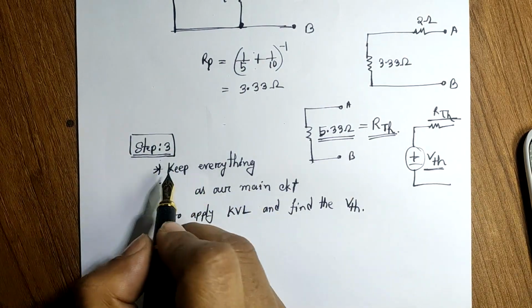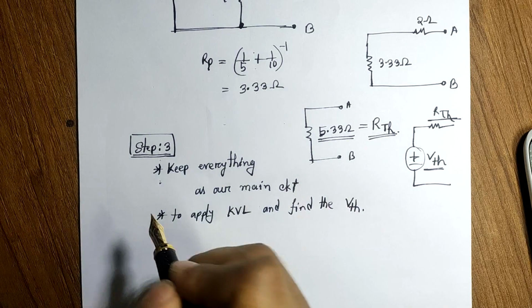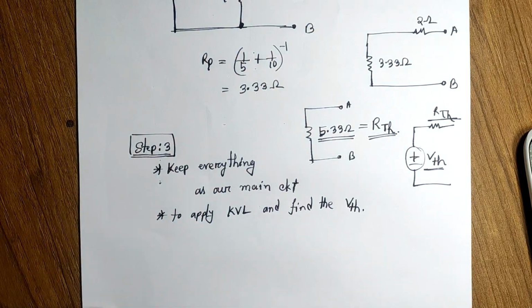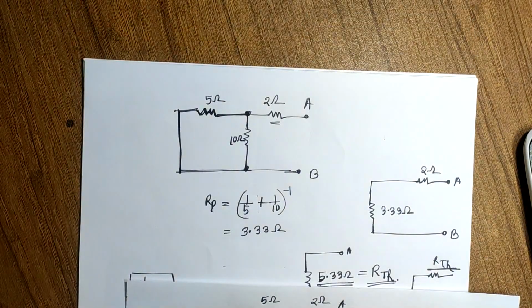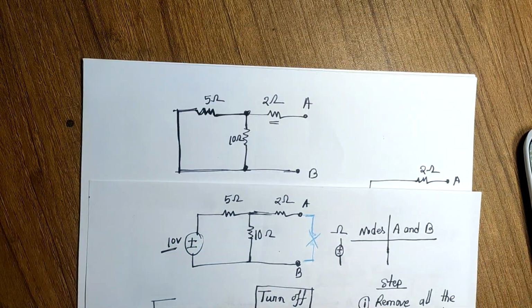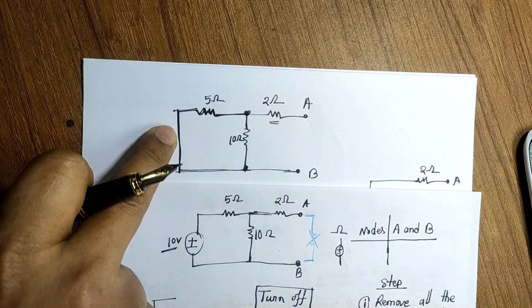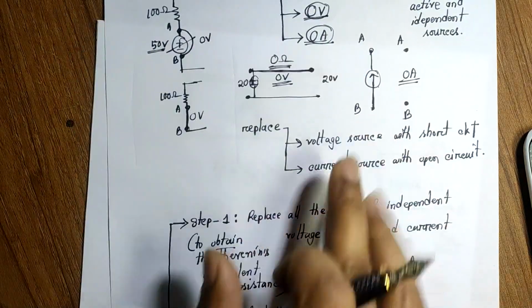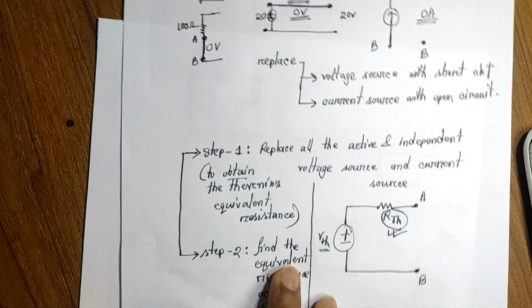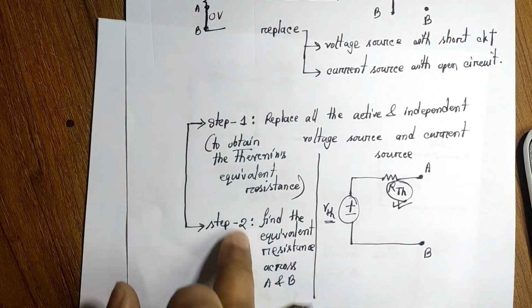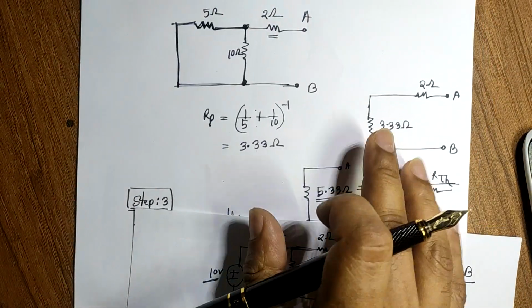That means step number 3 will help us to determine the value of VTH, and in step number 3 the first thing that you will do is revert everything to our normal circuit. That means we have to go back to our main circuit, because in this circuit we removed the voltage source, right, with a short circuit. That was our step number 1. And after removing the voltage source, then we used series parallel combination to find the equivalent resistance, which we did here.